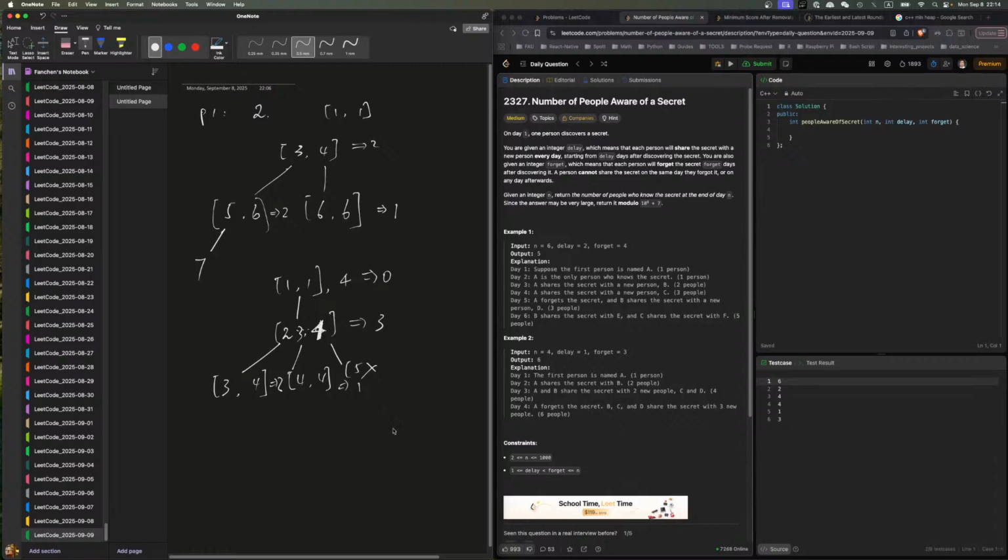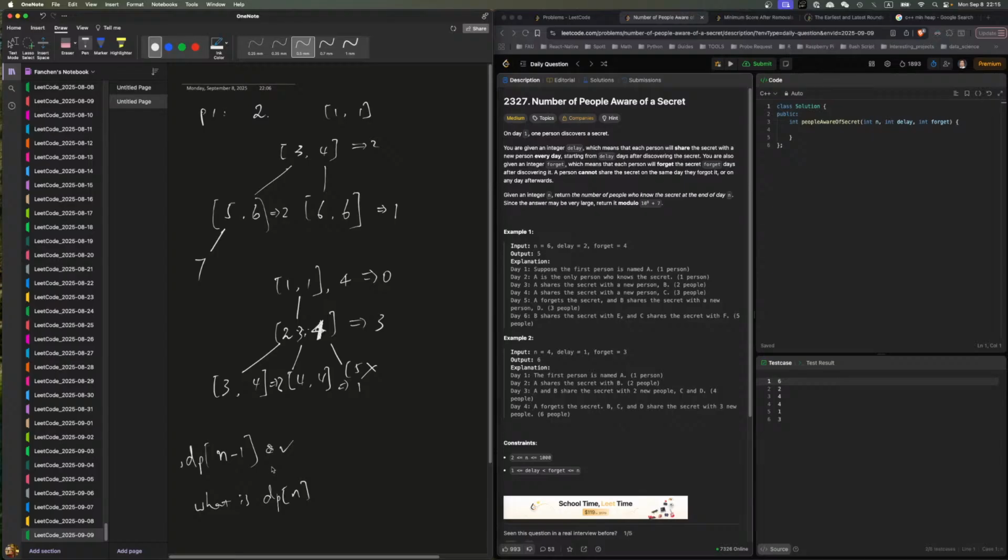Maybe we can know at each day. If I know at day n-1, right? We can maybe DP this. We'll say dp[n-1] is equal to whatever I know. So what is dp[n] on the nth day? How many people there are?